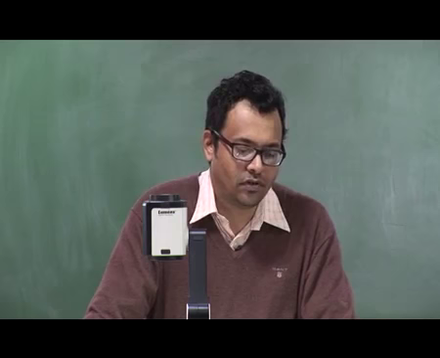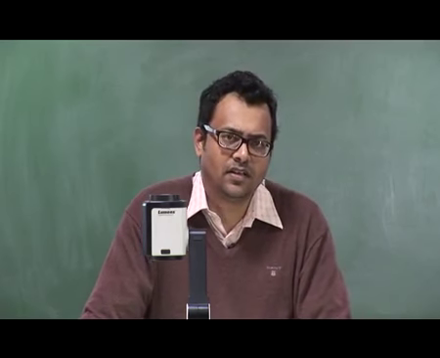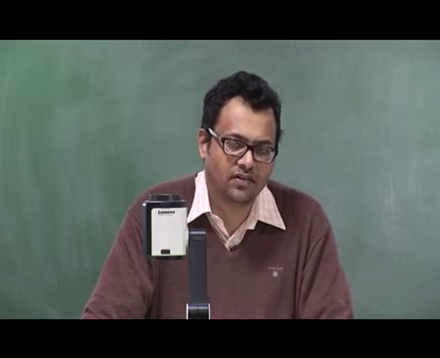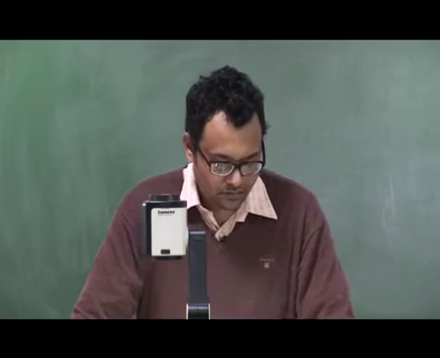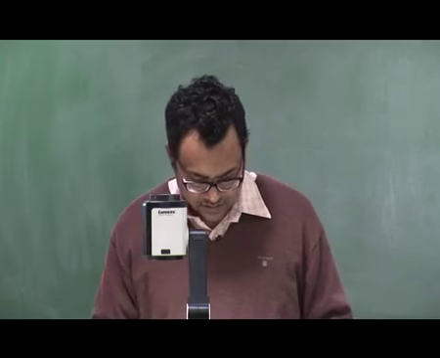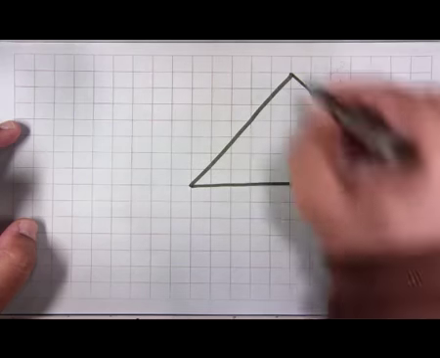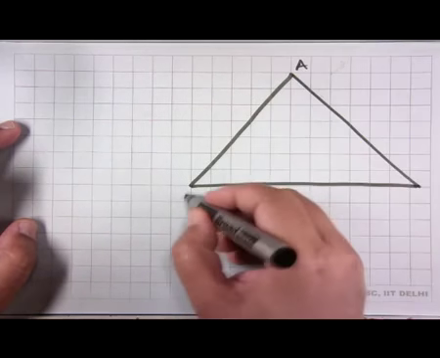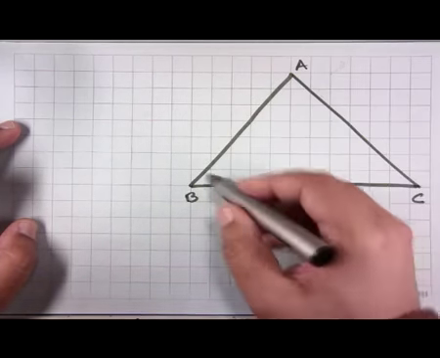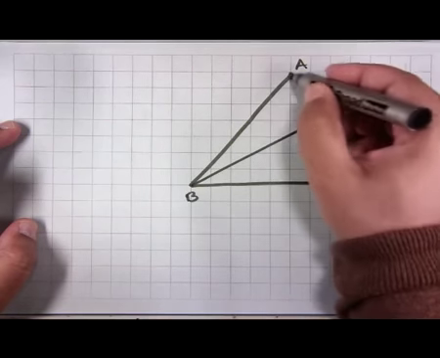Next, we would also like to find some expression for the lengths of the sides of the pedal triangle. So, let us again draw the original triangle ABC. So, let us say this is our triangle ABC, and so these are the perpendiculars.